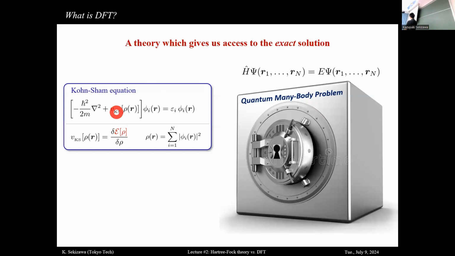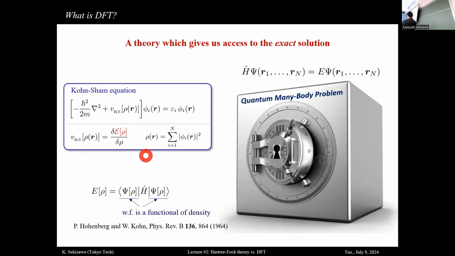Now this VKS, this one-body potential, this is important. So I will say, this potential is derived as a functional derivative of the energy density function, epsilon of rho.